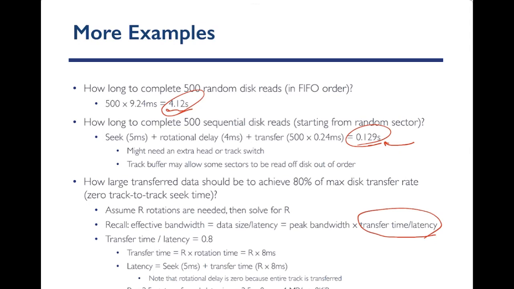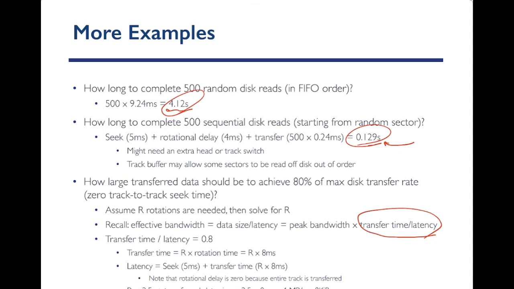You have to think about it, but all it means is the moment you get to the track, you start transferring. You don't pay any rotation cost. Remember, the rotation delay was the time you wanted to wait after the head gets to the track, for the particular sector that you're interested in.